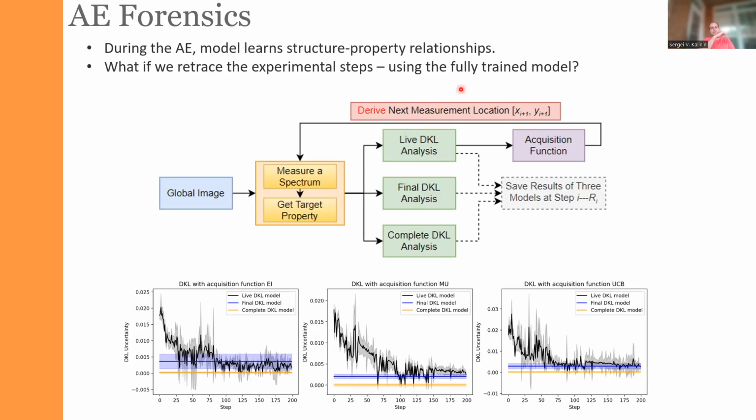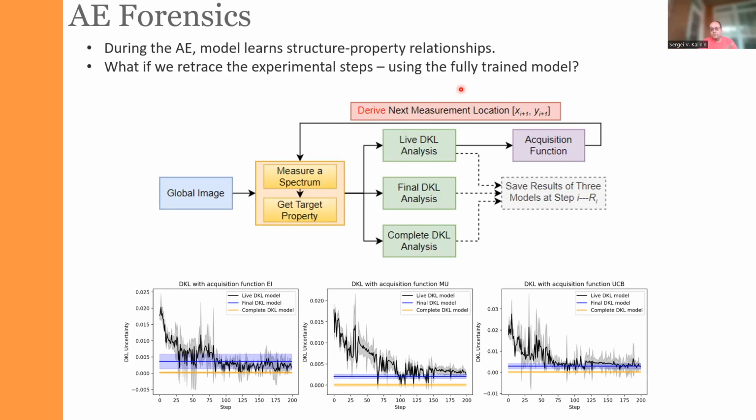What I mean by that is, imagine that you are working on the microscope in real time. In this case, you start your experiment, and obviously you train your model along with the progression of the automated experiment. We take data, we train the model, and we make model-based predictions. Based on this prediction, we select the next location for the automated experiment.